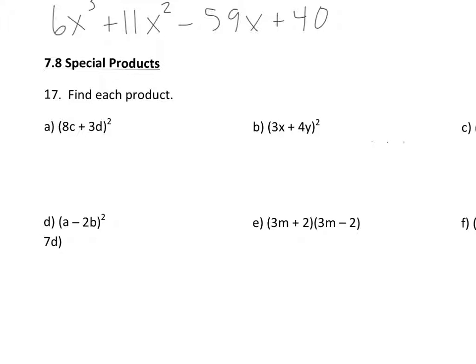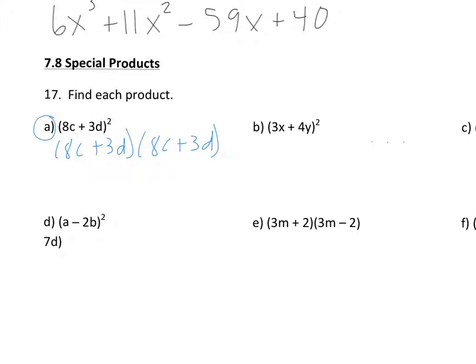All right, the last subject is 7.8 special products. So under question 17, let's look at part A. 8c plus 3d squared means I really have two binomials, 8c plus 3d, being multiplied by each other. So this is the square of a sum, or I could use FOIL or the box method, but I'm going to use that method that we learned to multiply quickly with that special product.